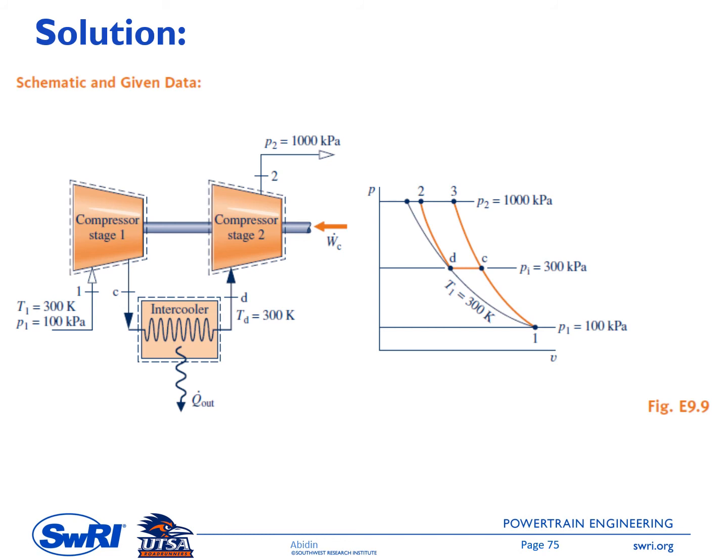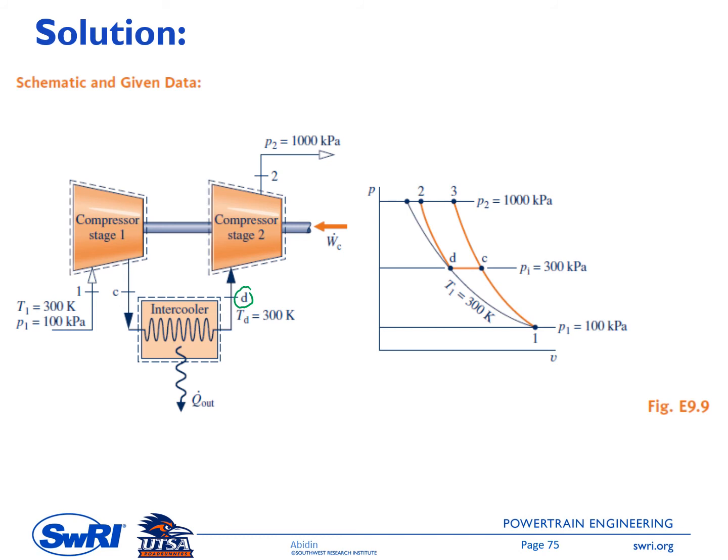So at the entrance of compressor stage 1, T1 is 300 Kelvin, and because of the compression process, the temperature will increase at state C, and then inside the intercooler, the temperature will be back to 300 Kelvin again at TD, at state D. And then at the exit of compressor stage 2, the pressure is 1000 kilopascal.